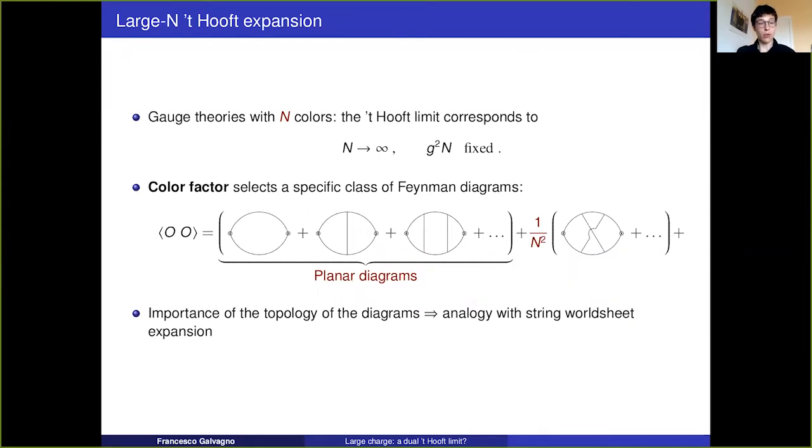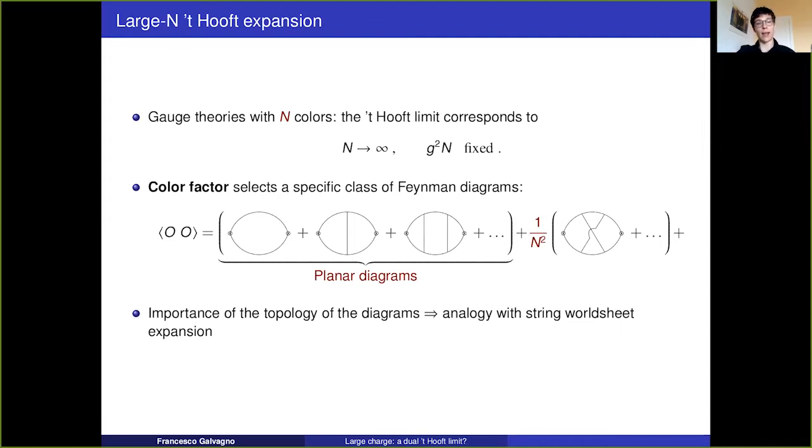It is well known in a quantum field theory context that gauge theories with N colors admit a 't Hooft limit, which corresponds to taking the number of colors N going to infinity, keeping this combination g squared N fixed, where g is the Yang-Mills coupling.